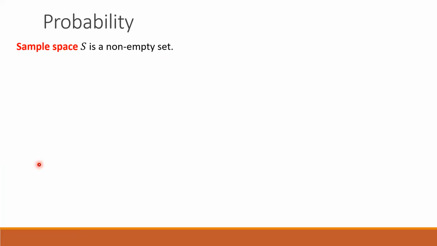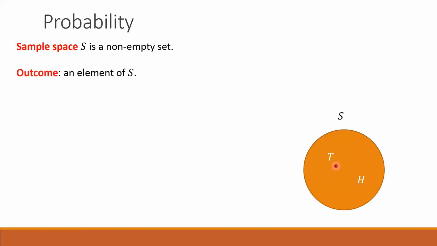We'll see exactly why it's called that in a minute. So for instance, this is our set S, and I have a T and an H, tails and heads, in my sample space. The T and the H are known as outcomes. Each of the elements of my sample space is known as an outcome.